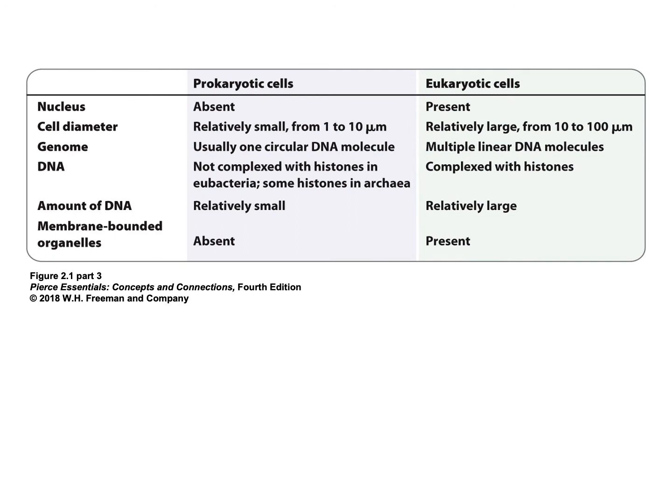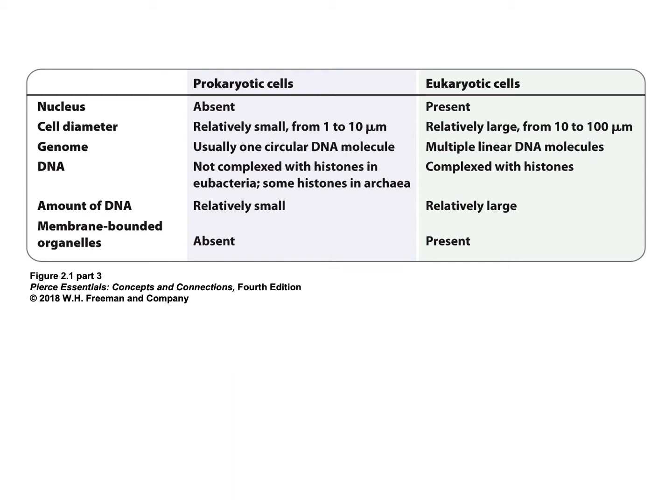This particular slide is really just a nice summary that compares both prokaryotic cells to eukaryotic cells. Again, the main differing characteristic is that prokaryotic cells do not have a nucleus, a specialized structure for the DNA, and eukaryotic cells do in fact have a specialized structure known as the nucleus that houses the genetic material.